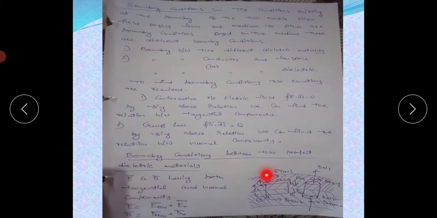So we can divide the total closed path integration into four parts. First, integral AB E bar dot dl bar plus integral BC E bar dot dl bar plus integral CD E bar dot dl bar plus integral DA E bar dot dl bar equals 0. So this is the total closed path: first part integral AB, second part integral BC, third part integral CD, fourth part integral DA.